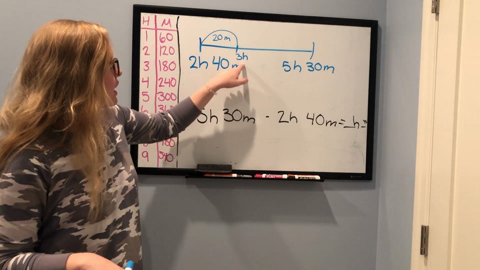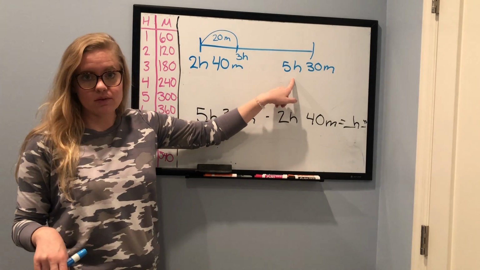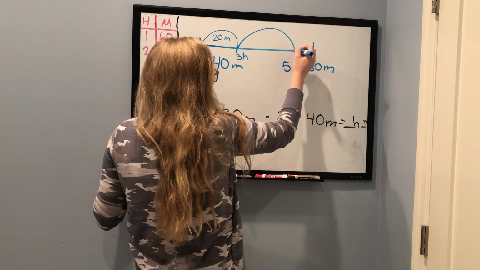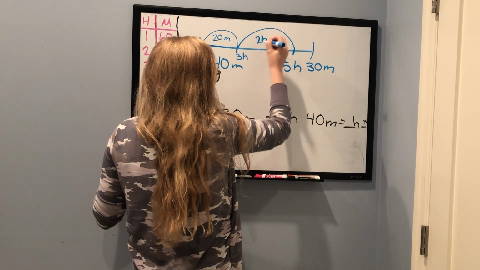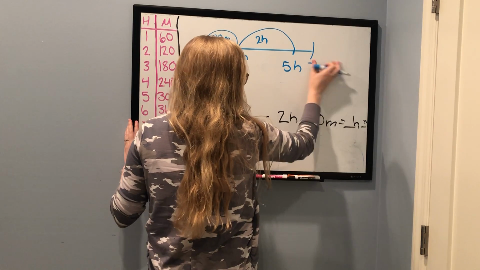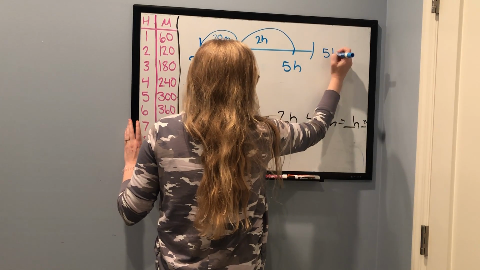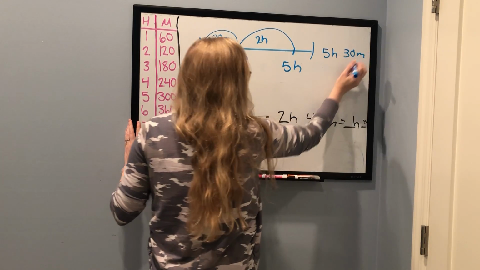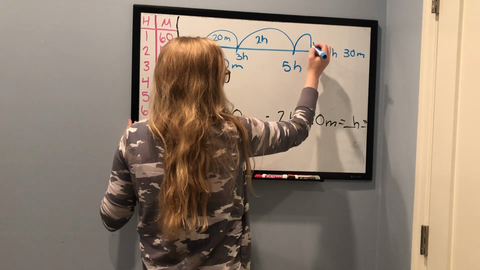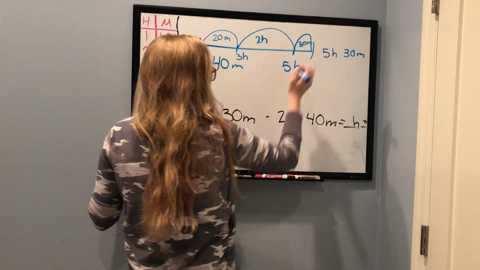Now that I'm at 3, I can easily get to 5 hours, right? All I need to do is add 2 hours. Now I'm at 5 hours. Our ending point is 5 hours, 30 minutes. I can easily get from 5 hours to 5 hours and 30 minutes by adding 30 minutes.